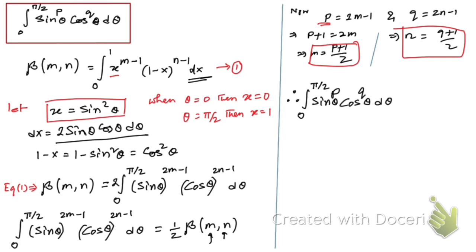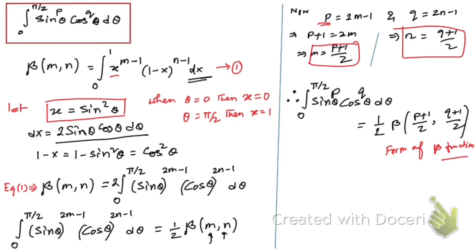So the right hand side is equal to half of beta, instead of m we write (p plus 1) by 2, and n is replaced by (q plus 1) by 2. So now this is in the form of beta function.